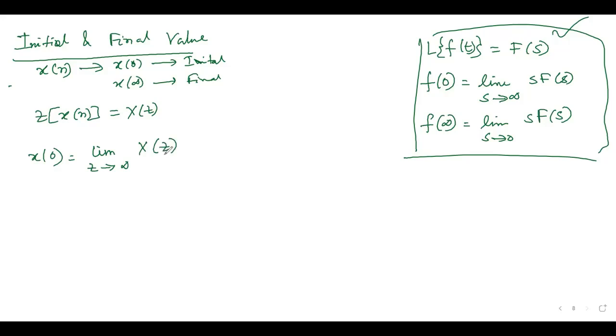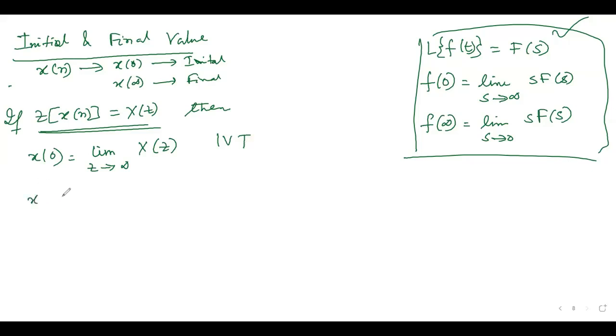All right, if the z transform of x(n) is X(z), then the initial value of x(n) is limit z tends to infinity X(z). This is the initial value theorem.